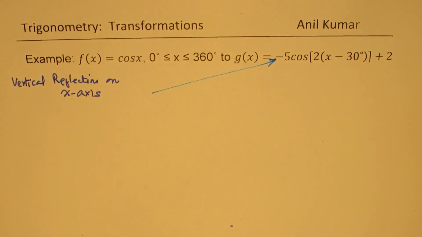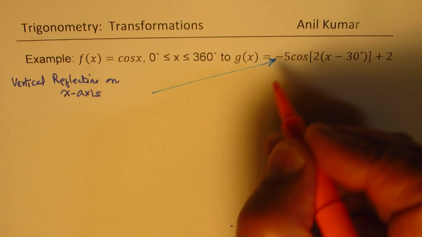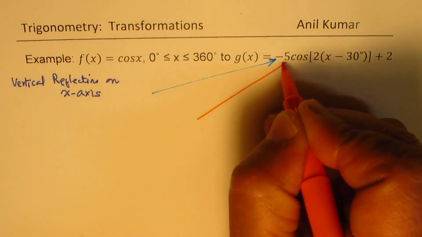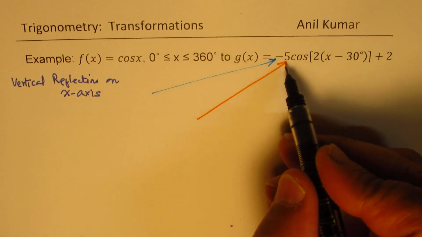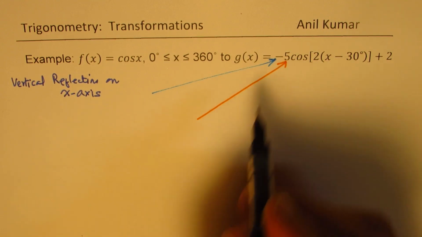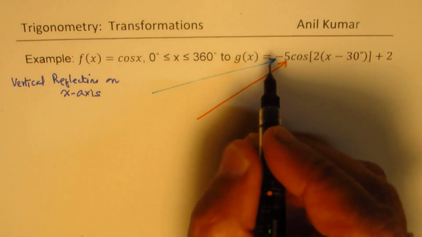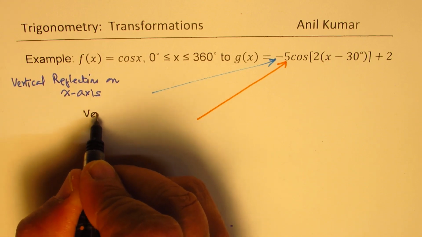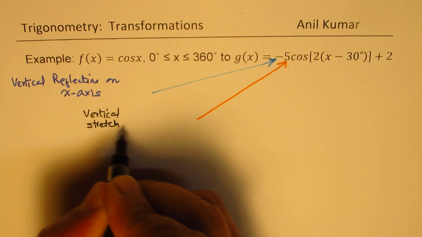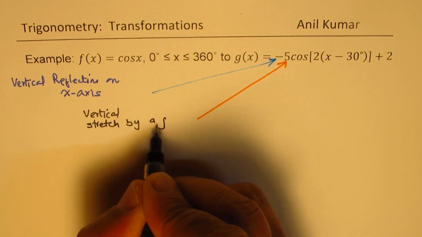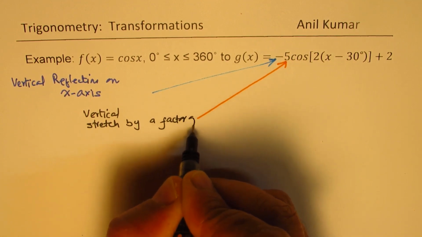Reflection on the x-axis. Y gets stretched by a factor of 5. So this 5 here represents a vertical stretch by a factor of 5.